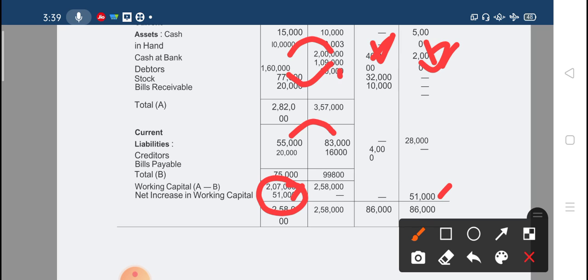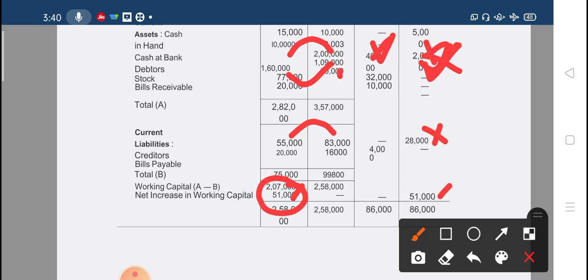If the current assets are increased from one period to another, the difference amount is written in the increased column only. If they are decreased, the difference amount is written in the decreased column only.